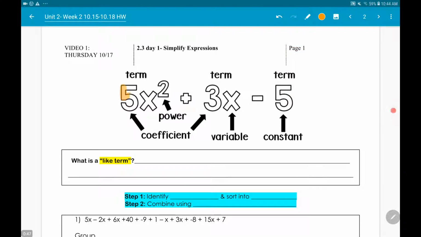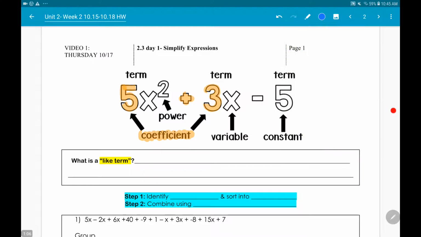So I have a coefficient of 5, and I see another coefficient of 3. And that 3 is positive, and that sign goes with it. So those are my coefficients.